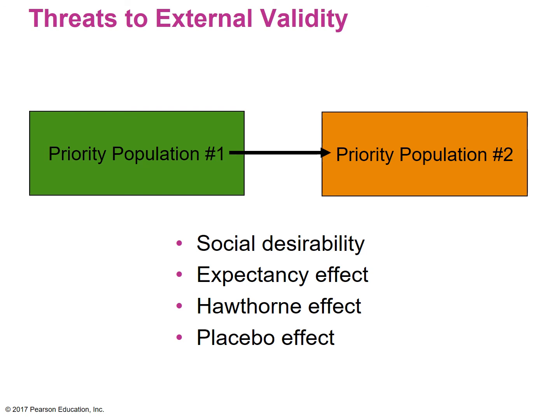The Hawthorne effect is similar to the expectancy effect, but again, the person is really aware, and they alter their behaviors simply because they know they're being observed for that behavior. Maybe I said, I'm going to be observing how many times each of you scratch your nose.